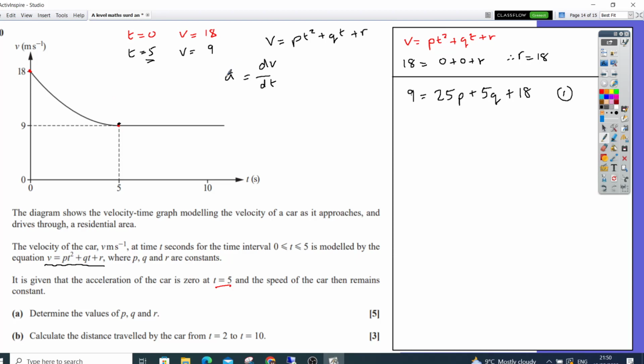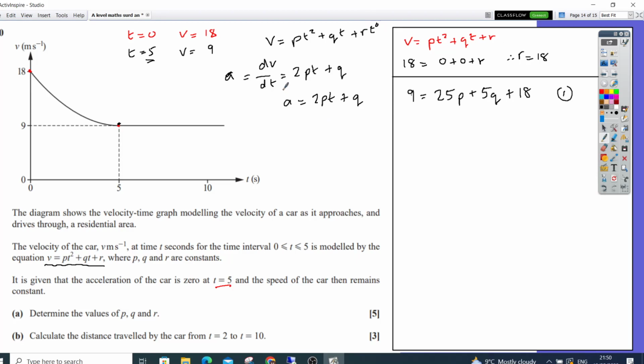So if we find this by differentiation, take the power down, take 1 off the power, you get 2pt, and then plus q. The r goes because there's no t associated with it, so when you differentiate a constant, it goes to 0. If you want to see it as t to the power of 0, which is 1, when you differentiate that, take the power down, 0 times that will just go.